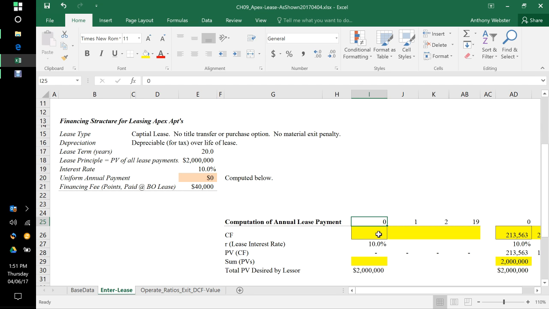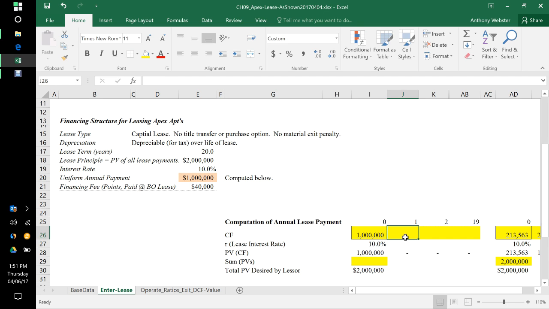Okay. So we have no idea what this uniform payment should be. I'm going to say something like 100,000. Oh, whoops, sorry, don't want to do that there. Not at t equals 0, I want to put it down here.